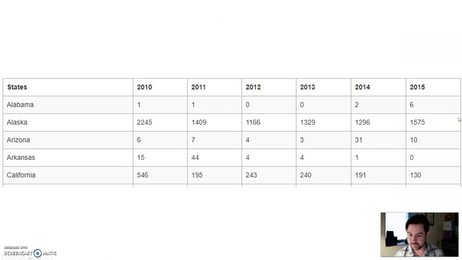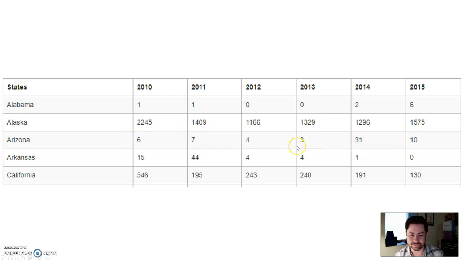Looking at this 5-year period, a little more statistics to throw at you. Sometimes we look at the numbers and make sense of the patterns to help us make sense of the hazard or event. So in this 5 or 6 year period from 2010 to 2015, this is just a few states looking at numbers of earthquakes, and how it's relatively consistent. Again, Alabama, you don't really get much. Alaska, you do get in the thousands every year. It does sit right along a convergent plate boundary. Arizona, not so much.